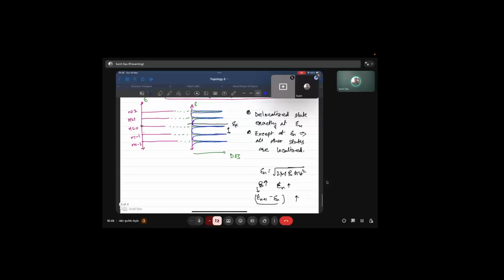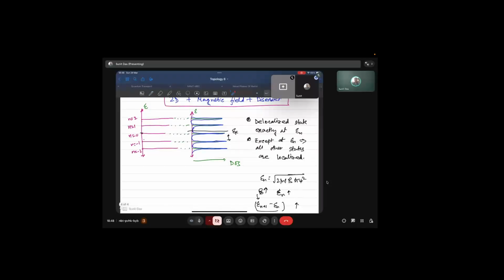So you start at some point here, and as you increase the magnetic field the energy increases, and at some point this particular Landau level crosses the Fermi energy. The moment the zeroth Landau level is somewhere here, that means at this exact point you have some states to conduct.